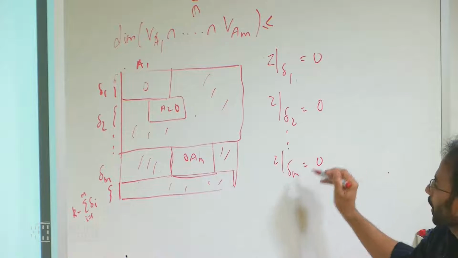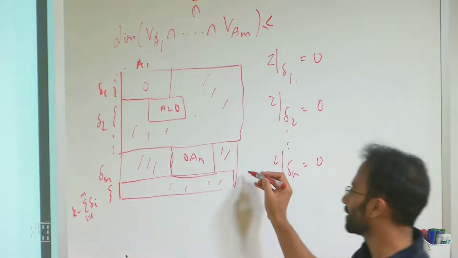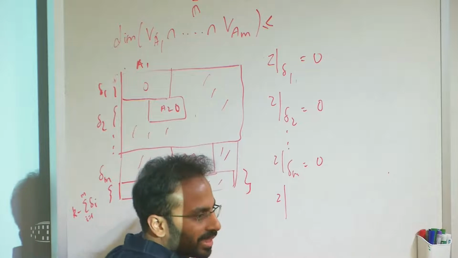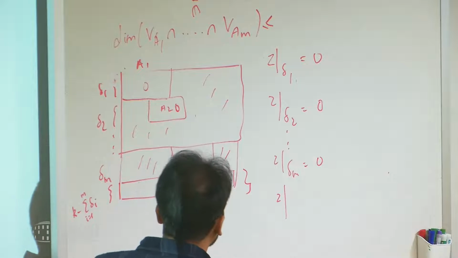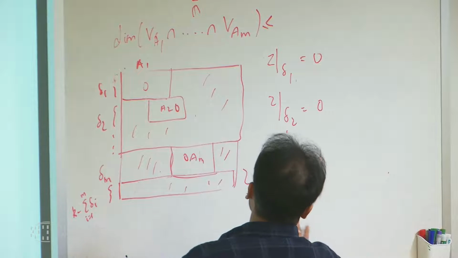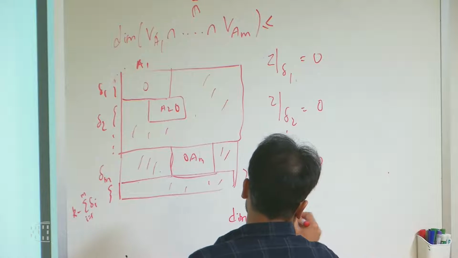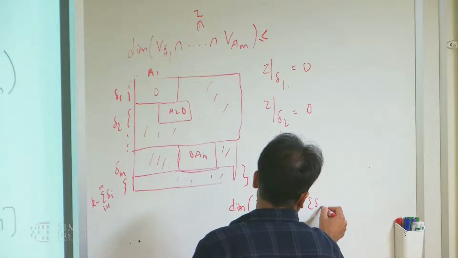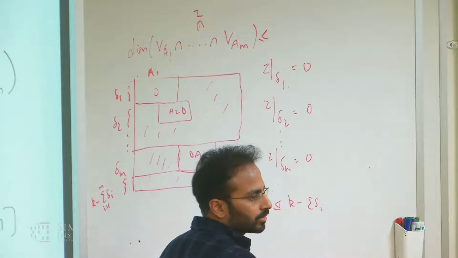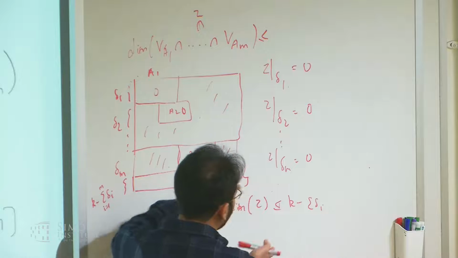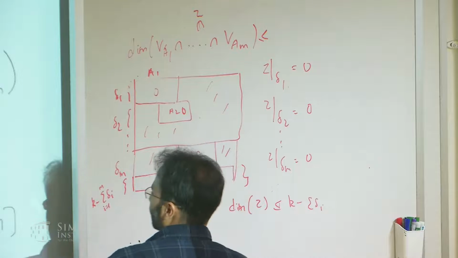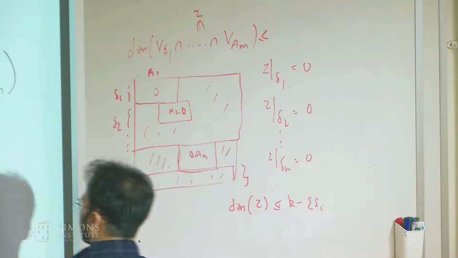What is left is z restricted to this last bit, which can be non-zero. So therefore, the dimension of z can be at most k minus delta I. So the intersection has to be contained in a small subspace. And that's exactly this lower bound here.